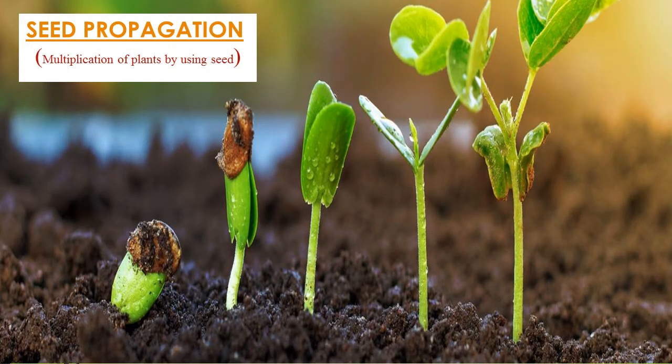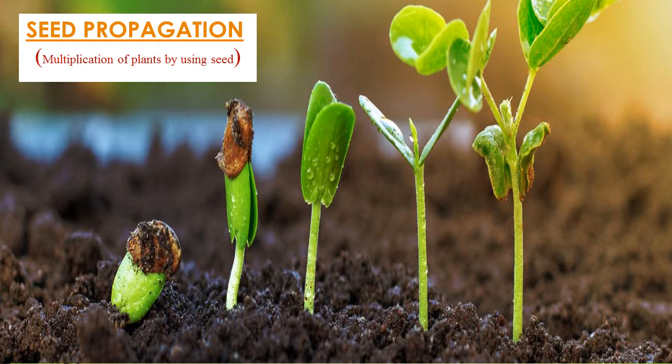Seed propagation is a sexual reproductive method in which a new plant is produced by the reproductive part of the parent plants. The reproductive part of any plant is the flower.